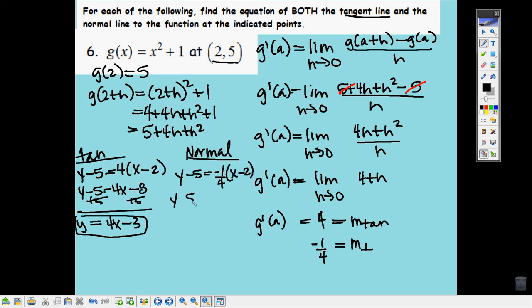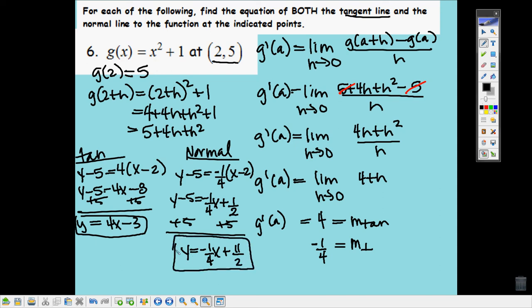So I have y minus 5 is equal to negative 1/4 x plus 1/2. So I'm going to add 5 to both sides, and I get y is equal to negative 1/4 x plus 11 over 2. Okay? So now I have my tangent line and I have my normal line.